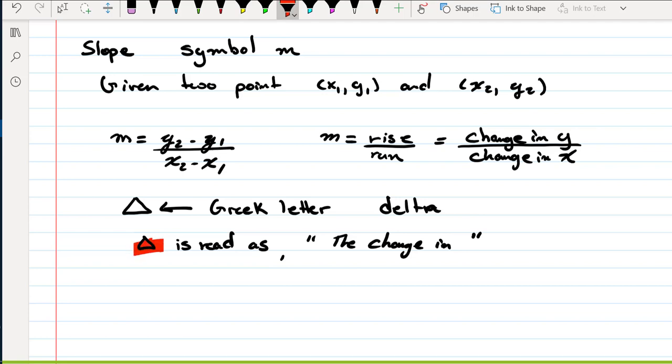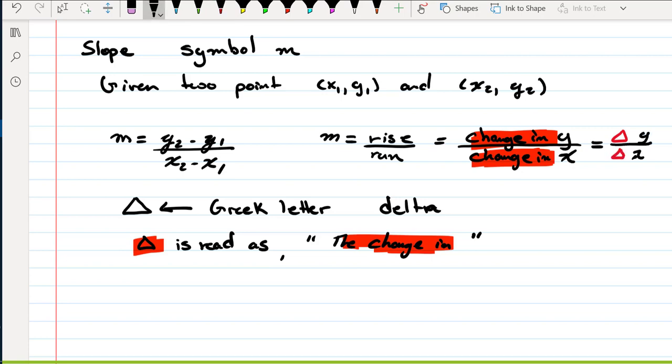So if delta is the change in, we could rewrite that as the change in y over the change in x. When we see the Greek letter capital delta, or that triangle, it means the change in.